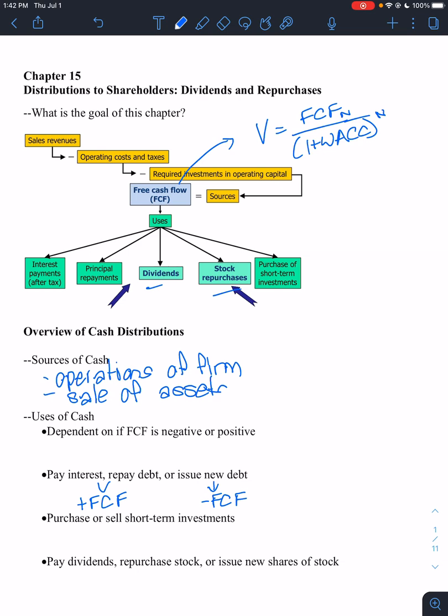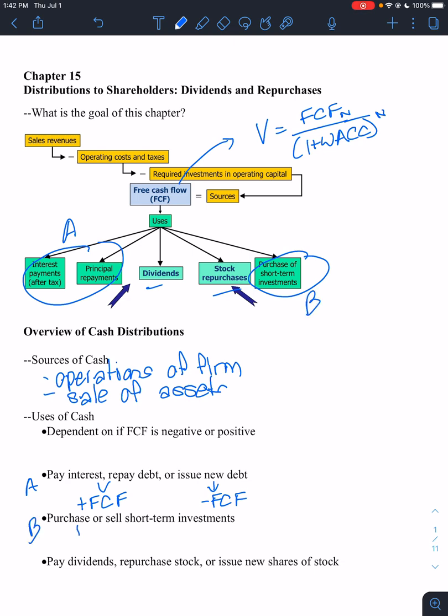capital assets. All right. Another thing we could do with our free cash flows, we can purchase or sell these short-term investments over here. So this first one took care of the left 2 boxes. The second one here takes care of this right box.